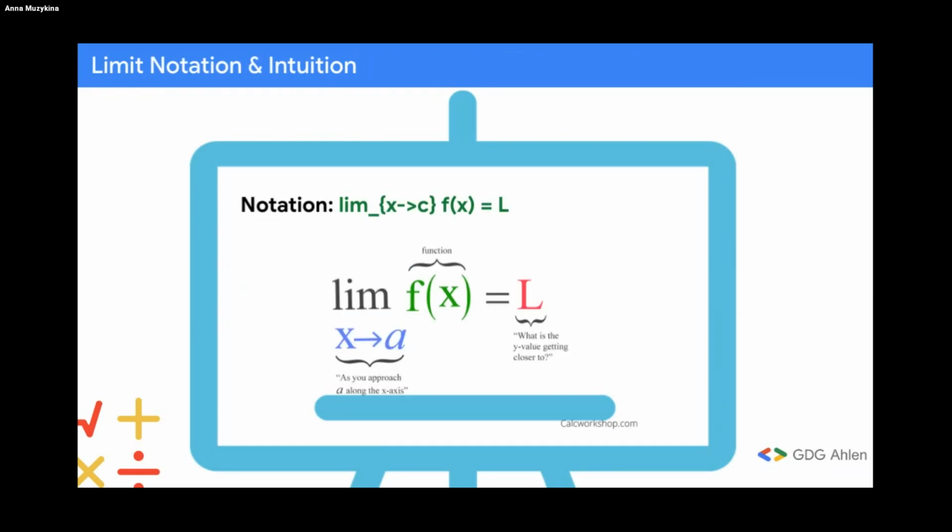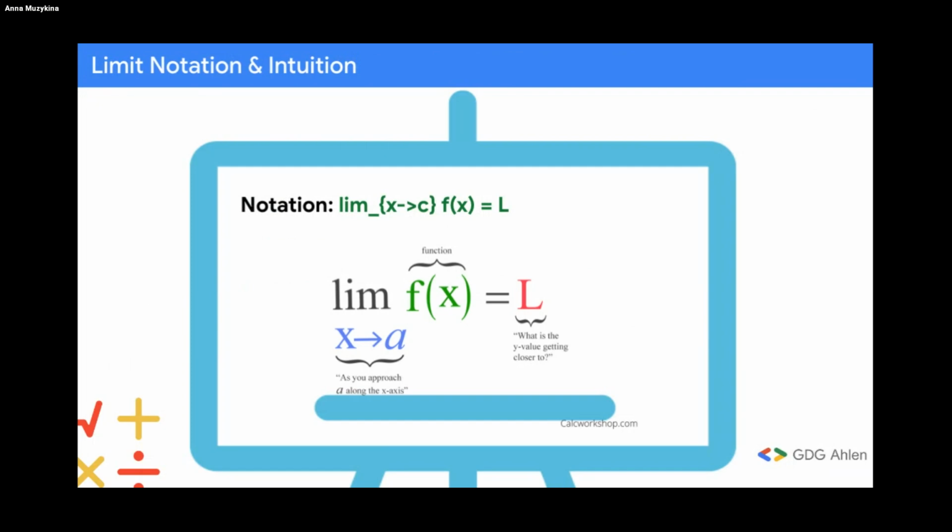Mathematically, we express the limit using the notation shown. The limit of f of x as x approaches c equals L. The image on the slide breaks it down nicely.